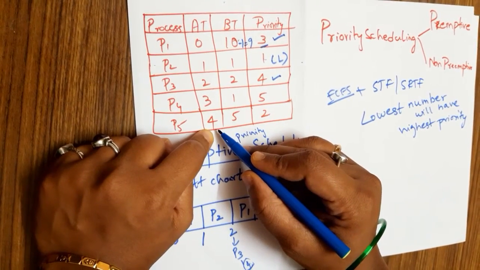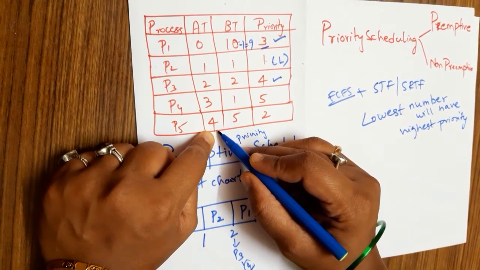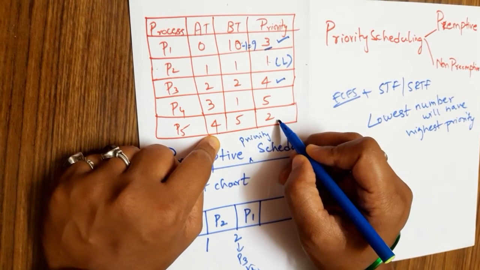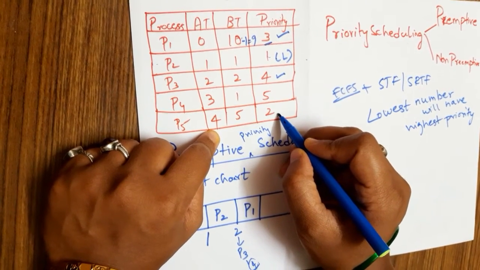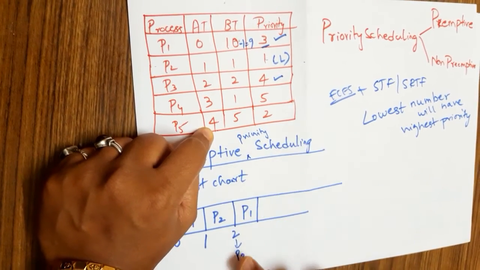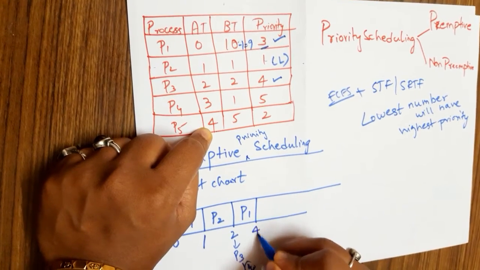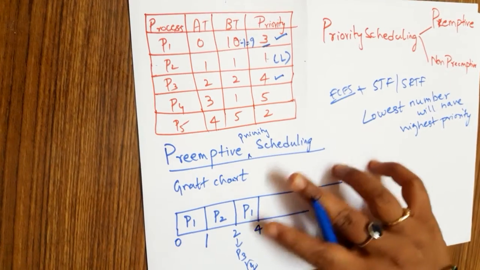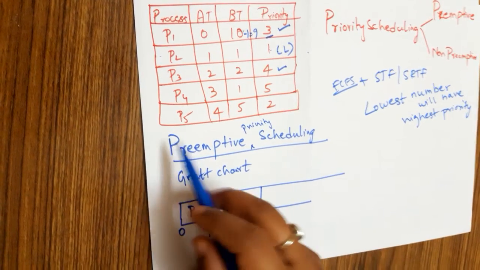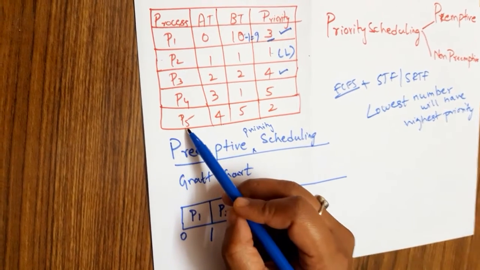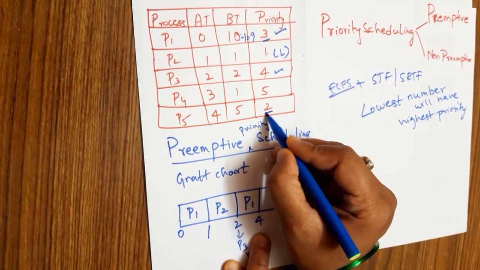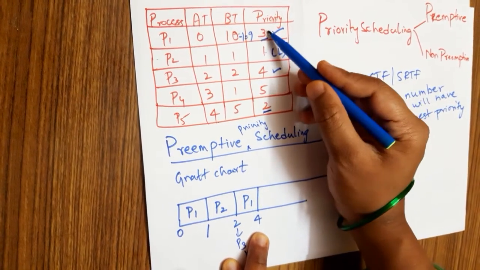At the 4th millisecond, process P5 comes into the picture. When process P5 comes, I again compare its priority. Its priority is 2. So P1 has executed from 2 to 4, that is 2 milliseconds. When time is 4 milliseconds, process P5 comes with the highest priority, 2, and 2 is less than 3.